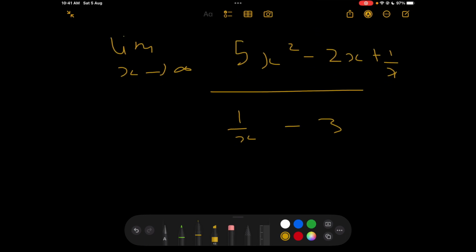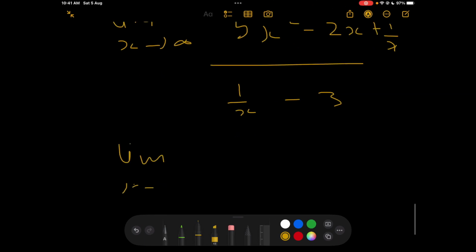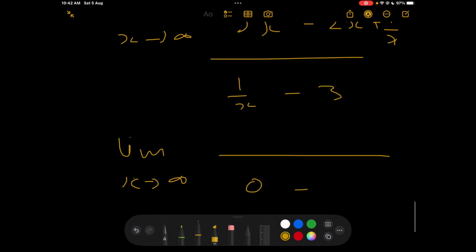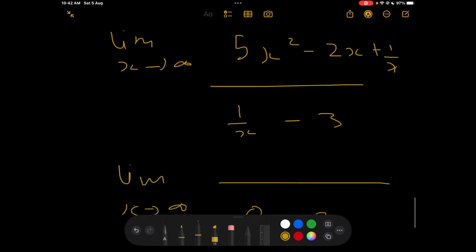Now if we put infinity, let us first solve for the numerator. Limit x tends to infinity 1 by x will be 0 minus 3 in the denominator, this last term 1 by x will become 0, and both these terms 5x square minus 2x will become infinity.